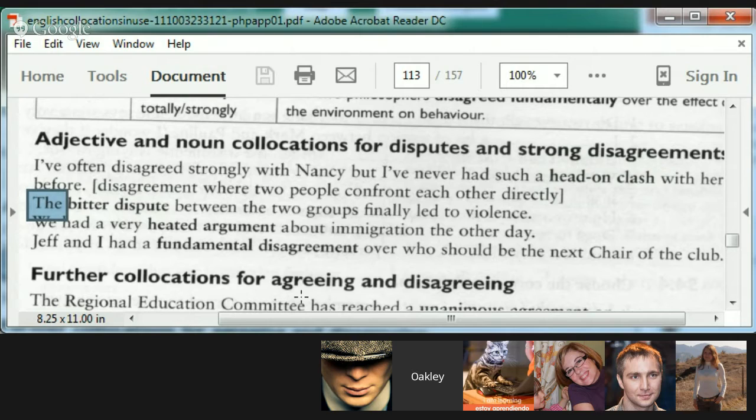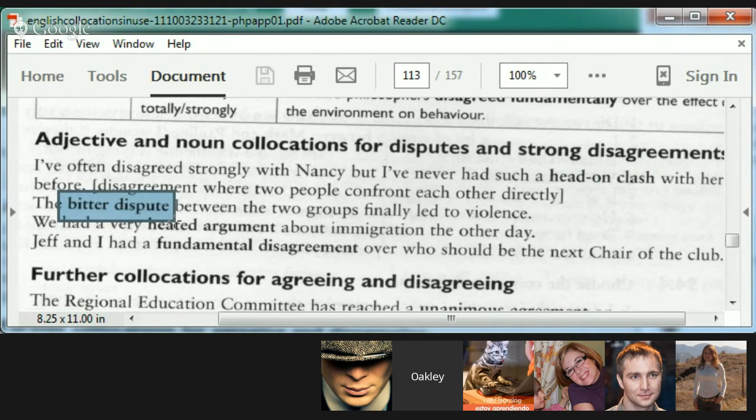Okay, Albina. Here's a strong collocation. Yes, the heated dispute between the two groups finally led to violence. Okay, good collocation. What is the meaning here? Probably a strong dispute, but I'm not sure. Yes, very strong, and not only that, with very strong feelings.